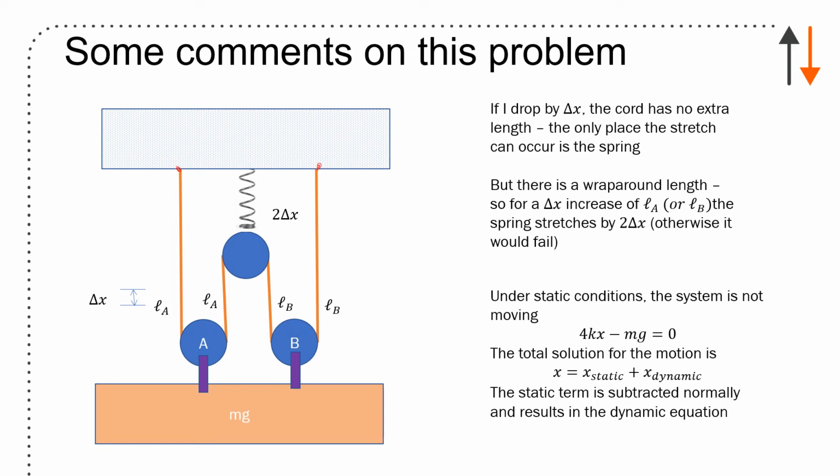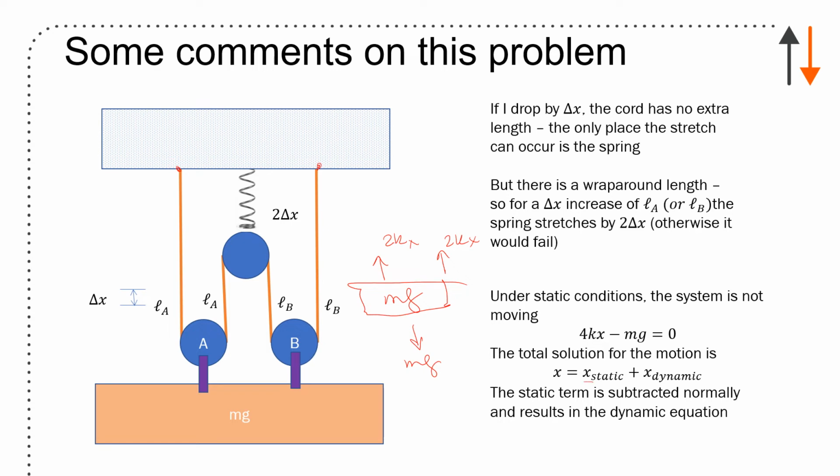So to take care of that, the spring is actually responsible for all of the distances, which means that under static conditions, my system consists of 2kx, 2kx going up, and mg here. So 4kx minus mg equals 0. And again, downward is my direction of motion.